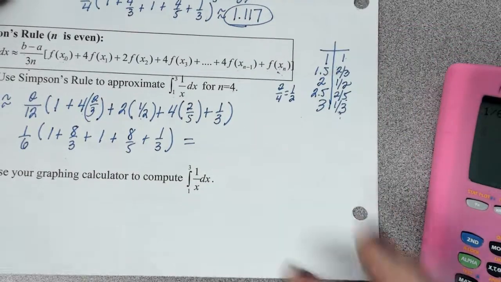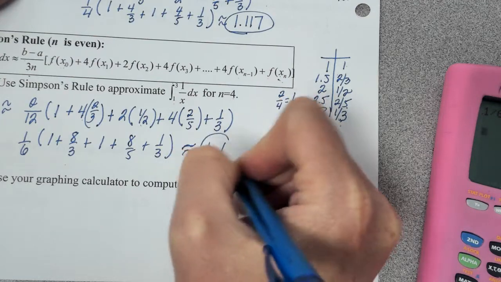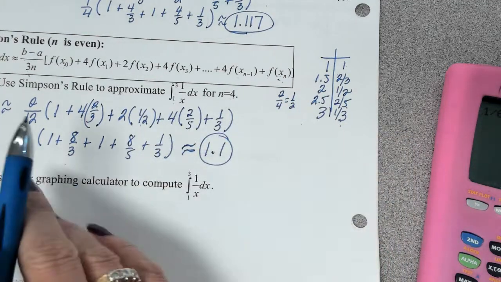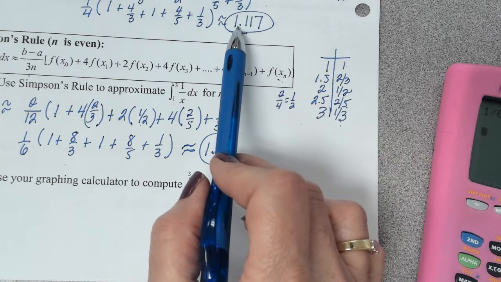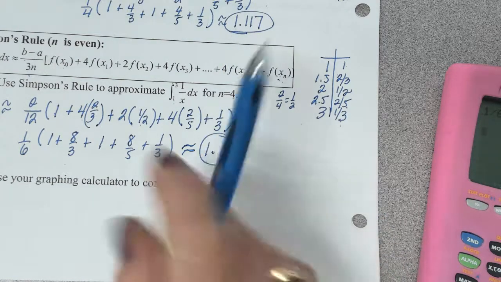And I get an answer of approximately 1.1. Okay? So with this one, we have an estimated area of 1.117. This one, our estimated area is 1.1.